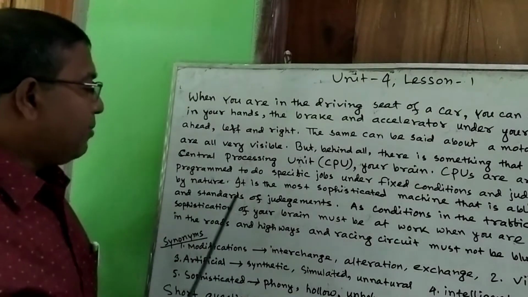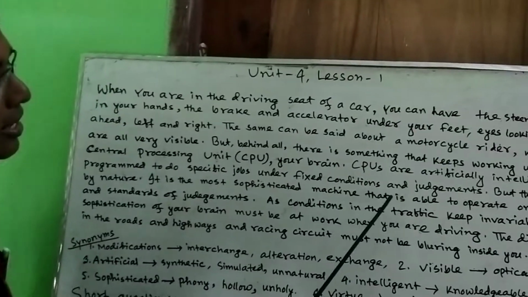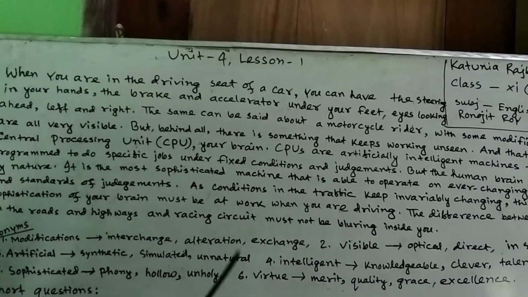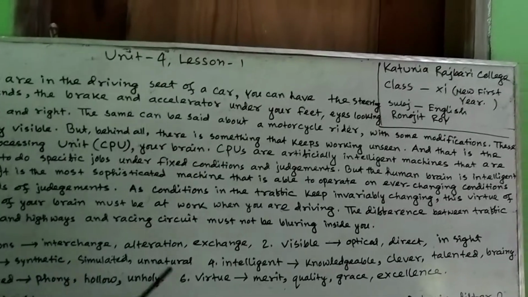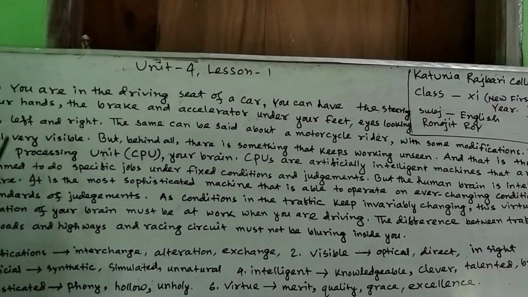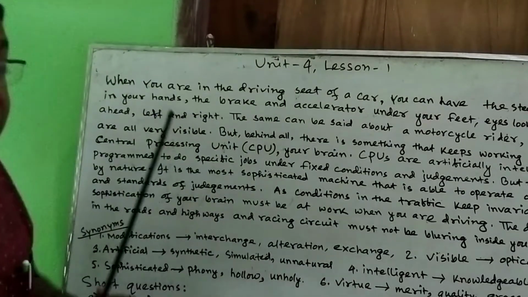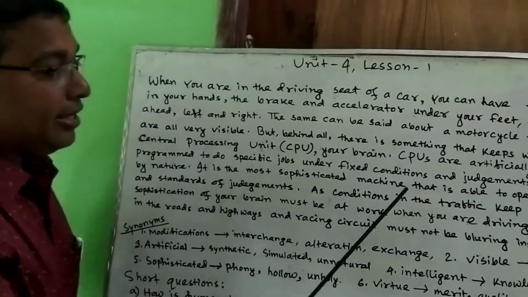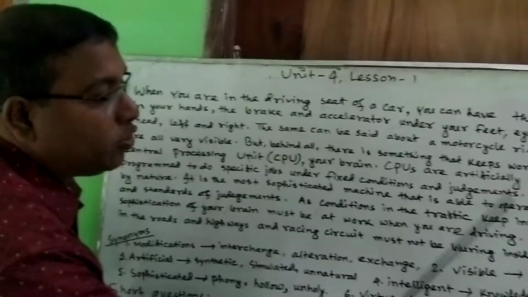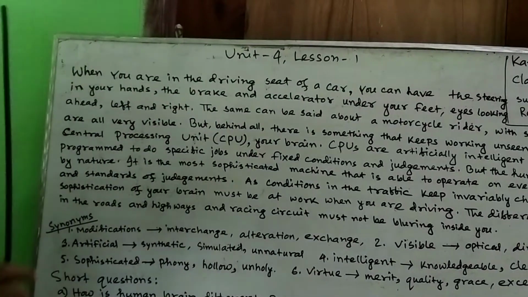Okay, look at the blackboard, my dear students. It is the most sophisticated machine that is able to operate on ever changing conditions, and this is indicating the human brain. The human brain is the most sophisticated machine of the human body, and it is able to operate on ever changing conditions and standards of judgment.